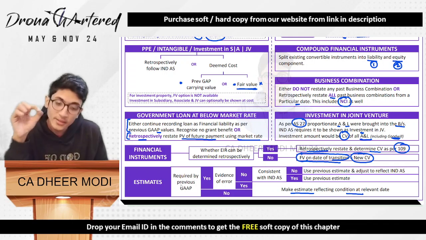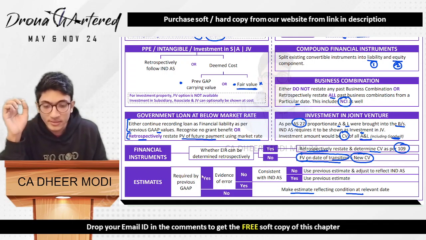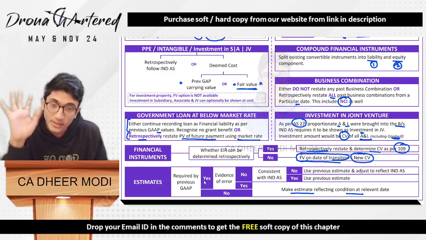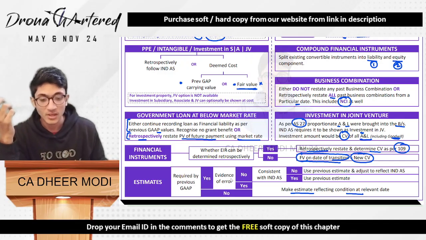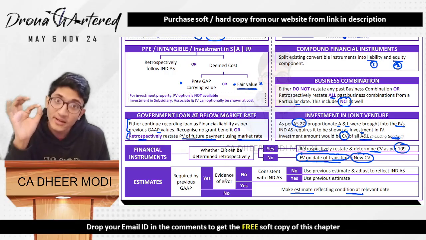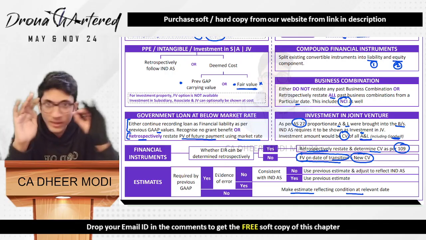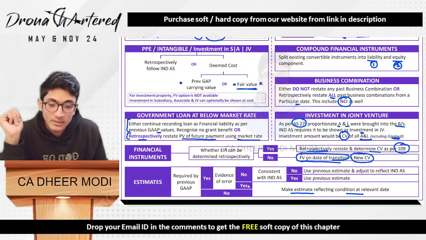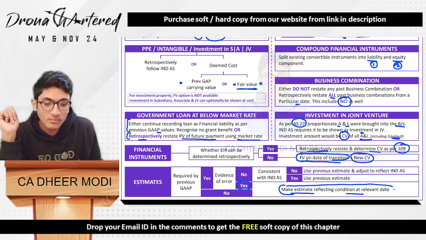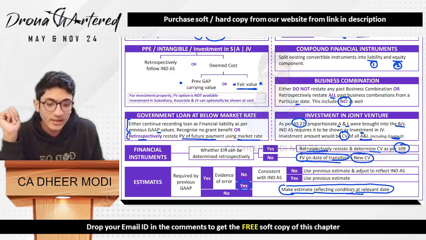If this estimate was also required by previous GAAP, so if this answer is yes, then we see if there is any evidence of error. So if there is evidence of error, that means the previous value cannot be trusted. So if the previous value cannot be trusted, that means the answer is yes, there was an error earlier. In such a case, again, we come back to the same part, that is, make the estimate on the relevant date.